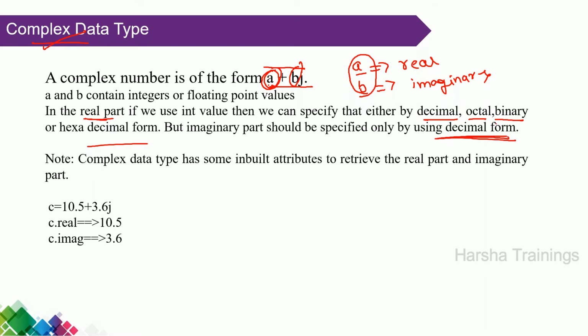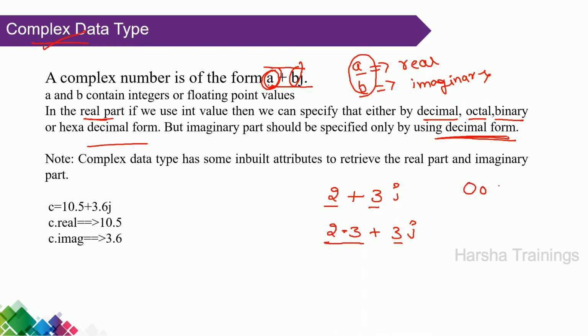This is the restriction. For example, 2 plus 3j: here 2 is decimal and 3 is decimal. 2.3 plus 3j: 2.3 is a floating and 3 is a decimal integer. Not a problem, you can use any combination.